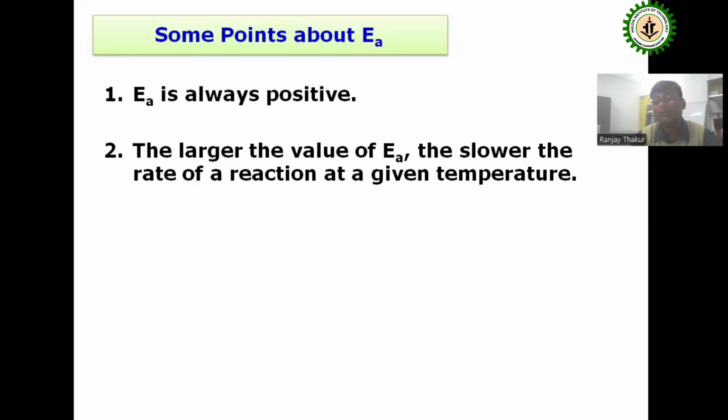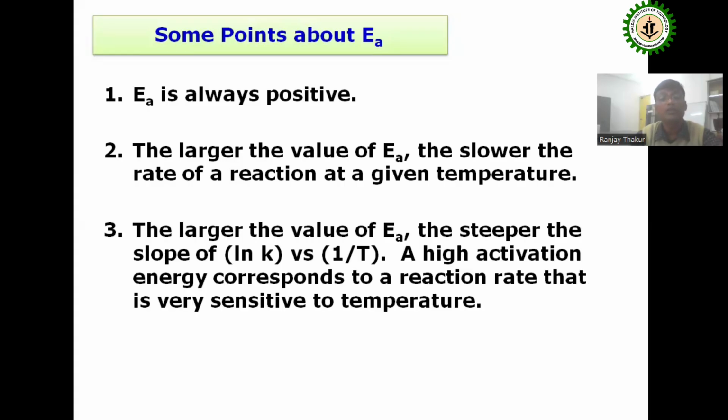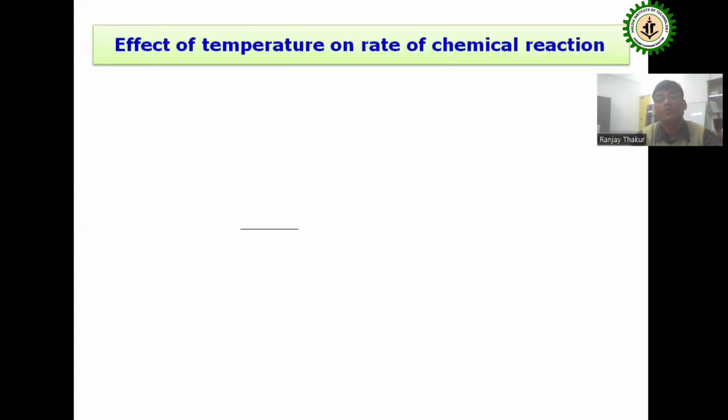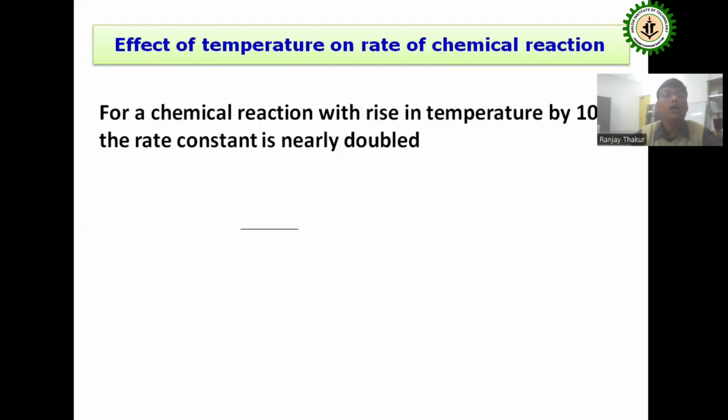If time consumption increases, rate of reaction decreases. The larger the value of activation energy, the steeper the slope of ln k versus 1/T. A high activation energy corresponds to a reaction rate that is very sensitive to temperature. Now, the effect of temperature: for a chemical reaction, with a rise in temperature by 10 degrees centigrade, the rate constant is nearly doubled.